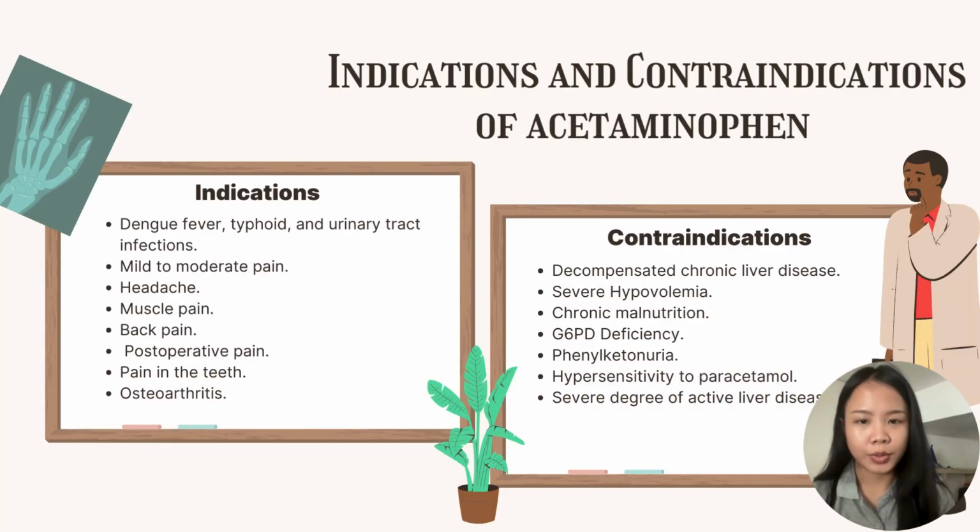So next is the indications and contraindications of acetaminophen. For indications, there is dengue fever, typhoid, and urinary tract infections, mild to moderate pain, headache, muscle pain, back pain, postoperative pain, pain in the teeth, and osteoarthritis.